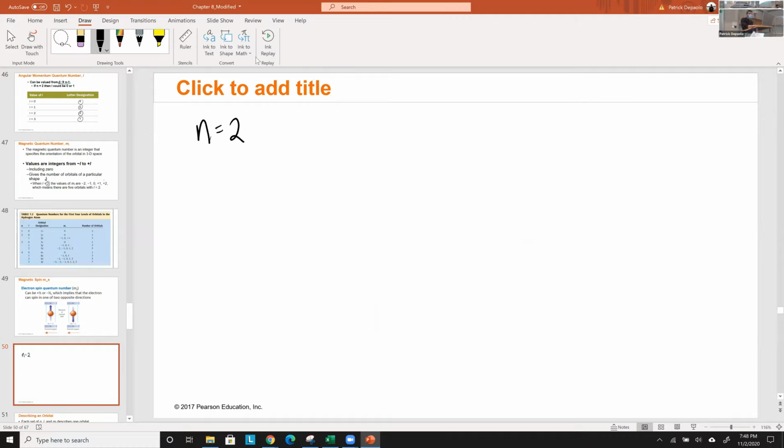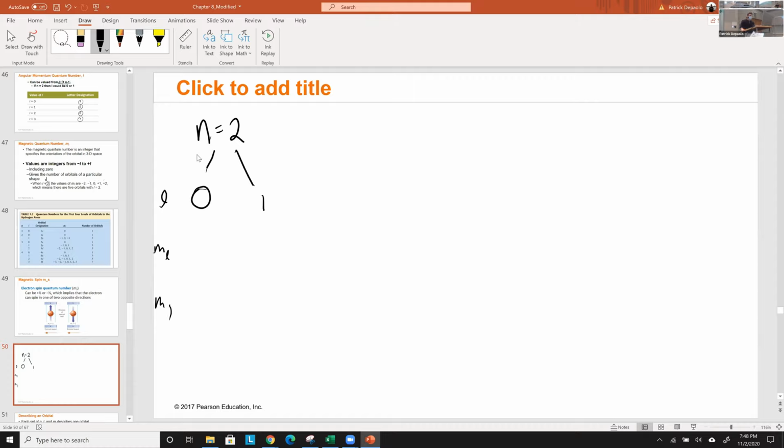Perfect, 0 and 1. Awesome. So 0 and 1, because it could be anything in the range from 0 to n minus 1. So it could be 0 or 1. This is going to be L. We're writing a tree diagram: L, ML, and MS.